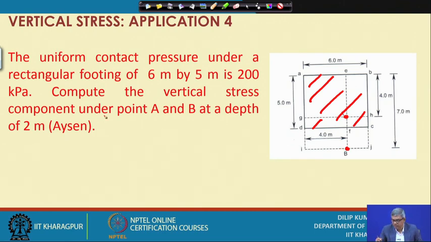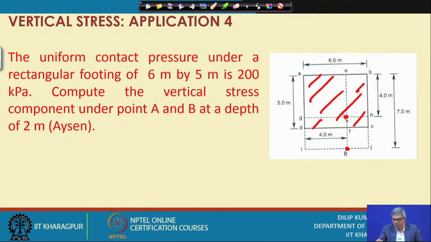For that, as I have shown while giving the procedure, through the point of interest we can draw lines parallel to the sides. So, we have drawn one line parallel to this side, and another line parallel to this side, passing through point A, and then it is divided into 4 parts.